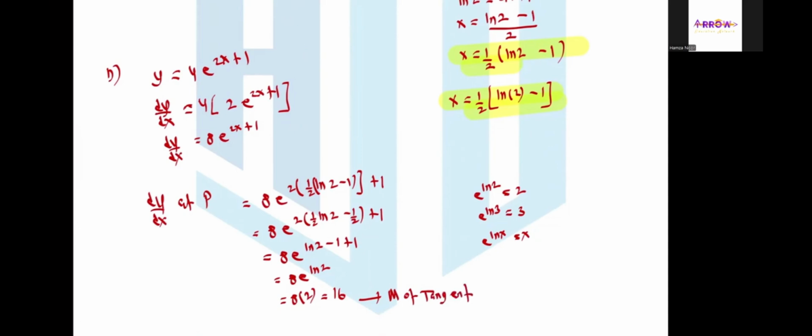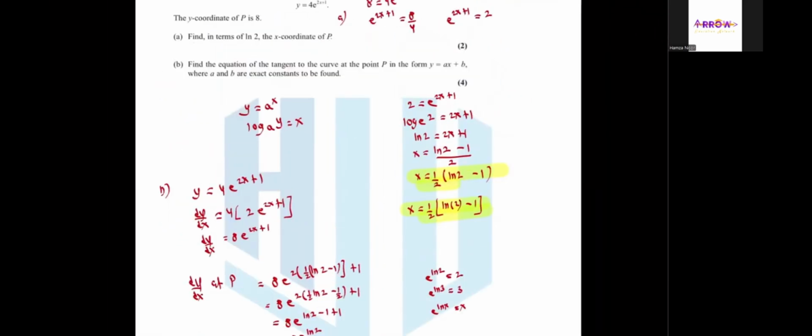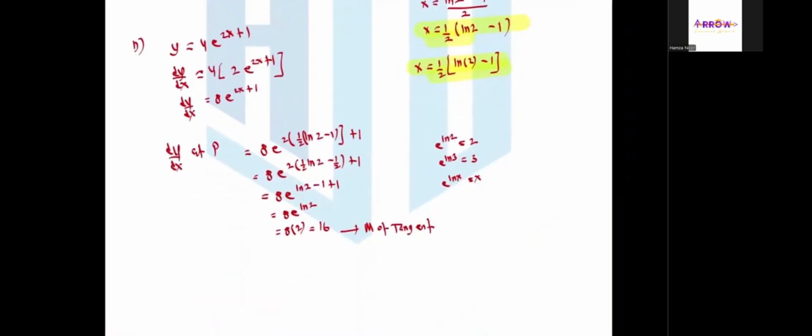So far we have achieved this. And what we know is that point P is in an exact form. So point P is half multiplied by ln 2 minus 1, so I can write half ln 2 minus half, comma, the y coordinate of P is 8. So I'm going to say that y minus y1 equals m multiplied by x minus x1.